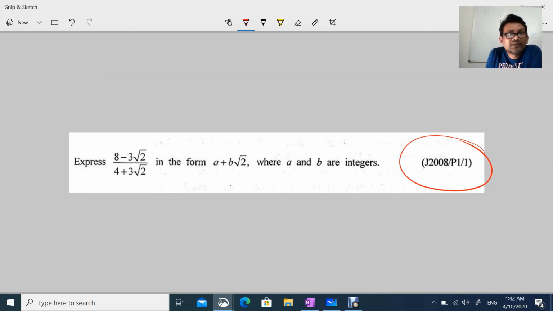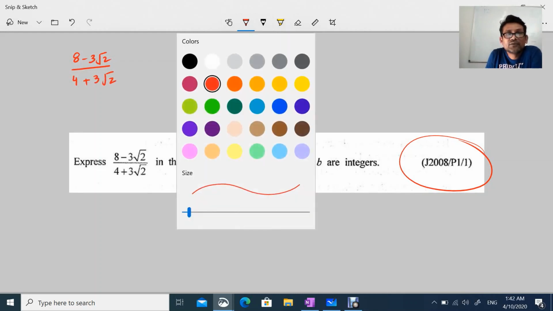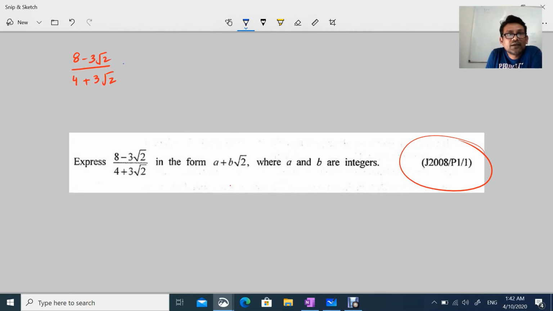Before solving this, I just want to write the conjugate of the denominator because I don't want anything radical in the denominator. So I have to multiply the denominator with the conjugate 4 minus 3 under root 2.